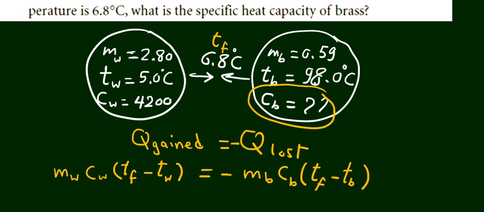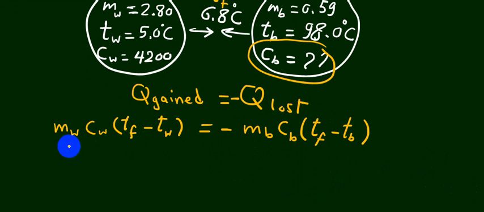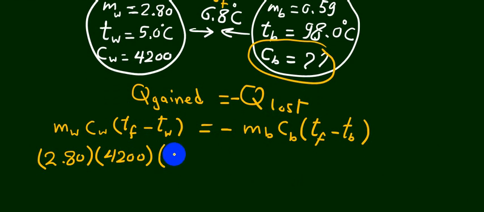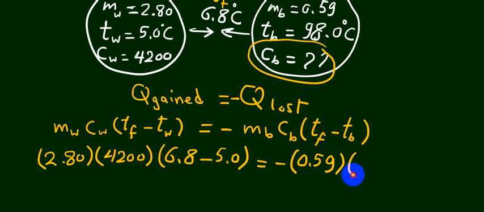Let's substitute. M water 2.80, specific heat of water 4,200, Tf 6.8 minus 5.0 equals minus mass of brass 0.59, specific heat unknown, Tf 6.8 minus 98.